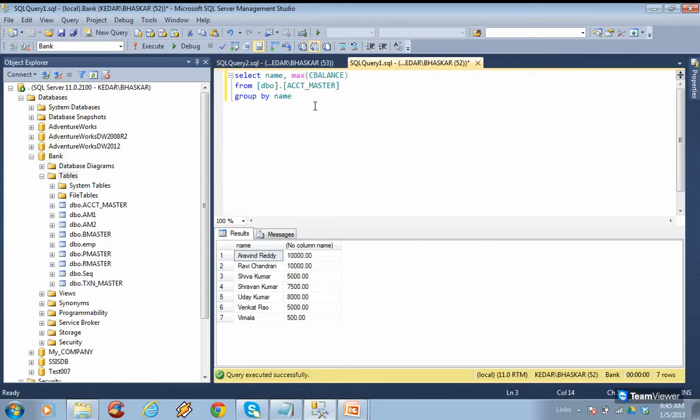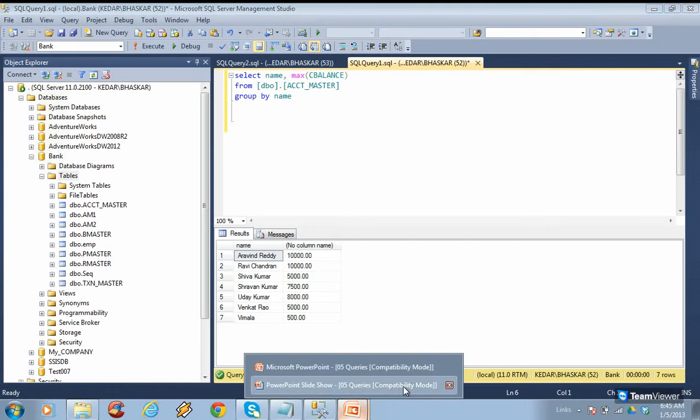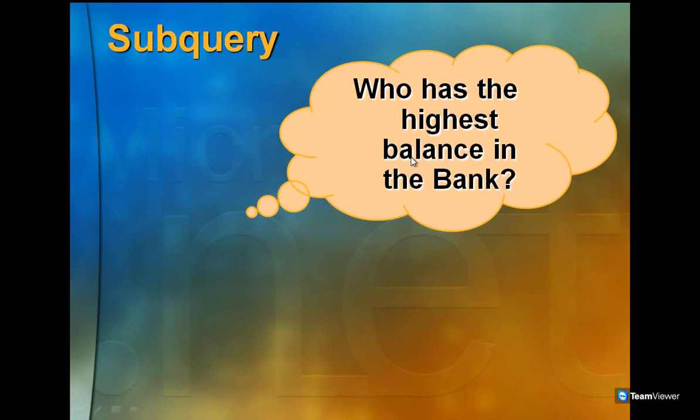The other way is only using subqueries. Now, this question which we are discussing, who has the highest balance, has two internal queries. The first query is what is the highest balance, and then who has it.